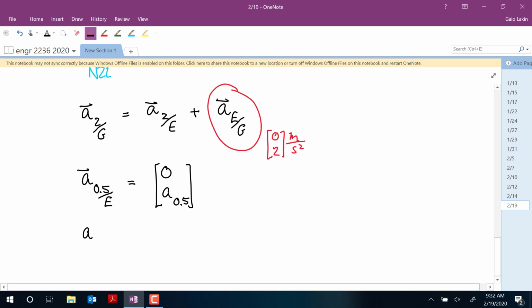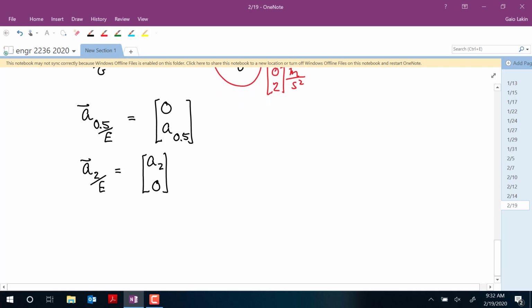And the acceleration of the 2 relative to the elevator is a2, 0. If you do the free body diagrams, they look the same, same as part A.